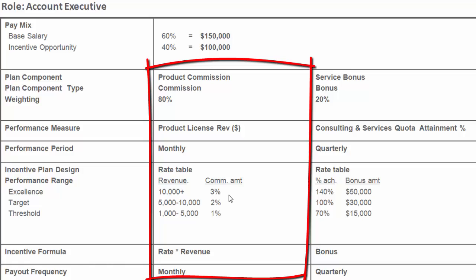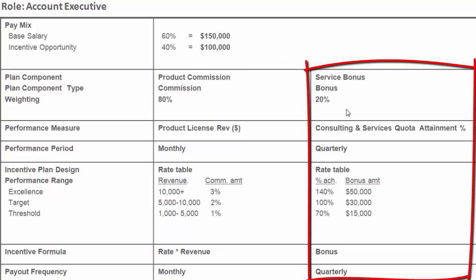The way we calculate this is we take the rate, the 1%, 2%, or 3%, in our incentive formula line and multiply it by the revenue. So if someone made $7,000, it might be $7,000 times 2%, and that's what the person is paid out.